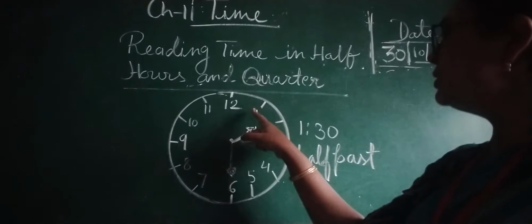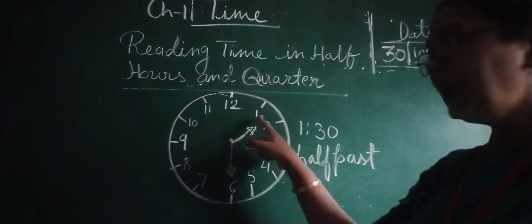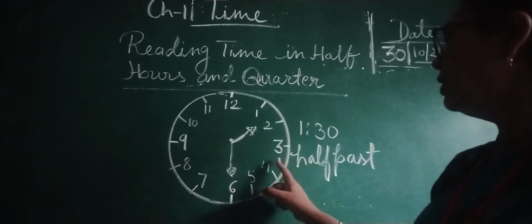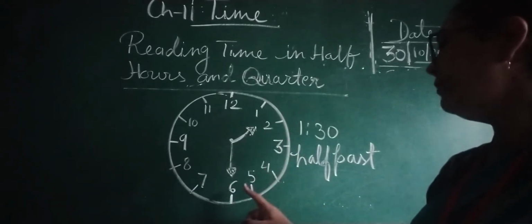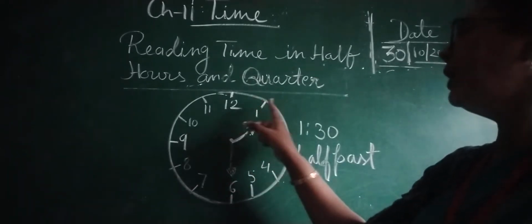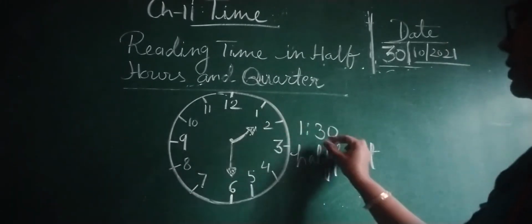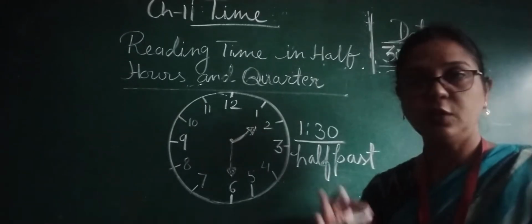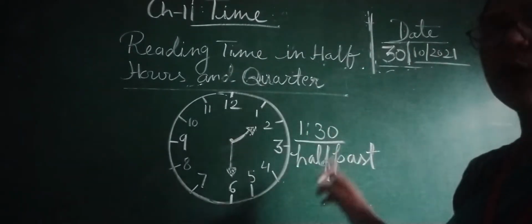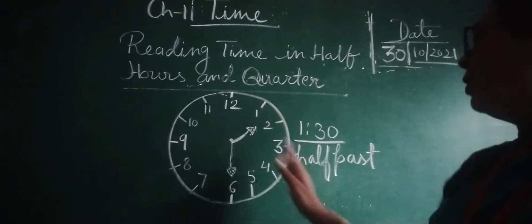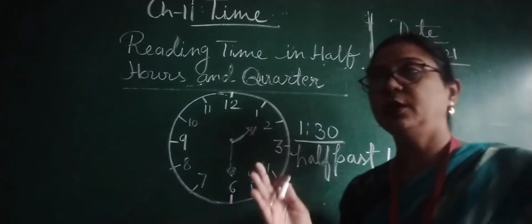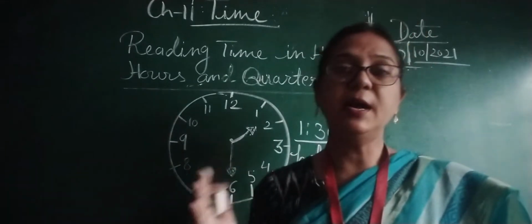It means 1 o'clock has passed, and here the 30 minutes: 5, 10, 15, 20, 25 and 30. This is 1:30, whether it is AM or PM. It is no matter, but it is 1:30.